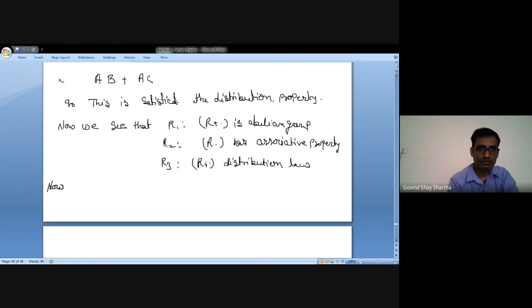Now it can be concluded that R plus dot is a ring.